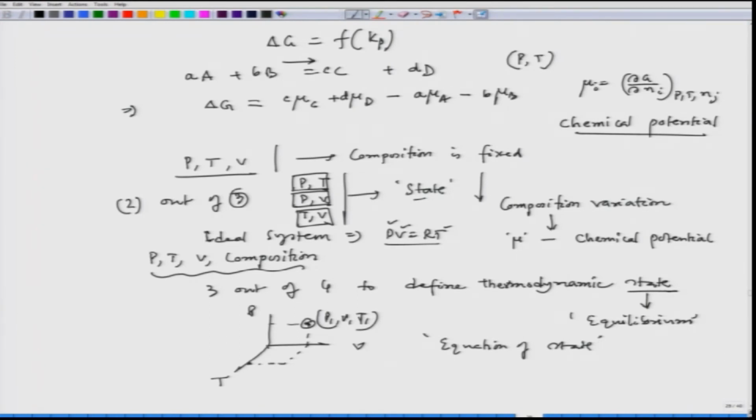Okay. So, let us see G as a function of P, T and the number of moles of the components, n i, where i varies from 1 to j.